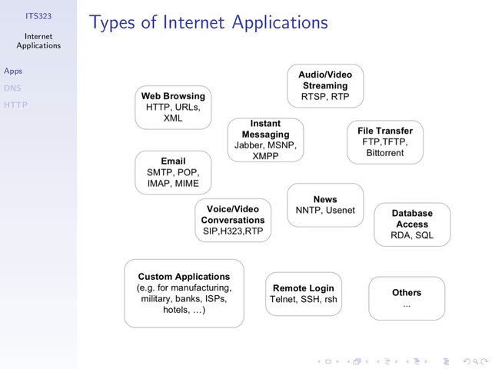So the different protocols to support voice and video conversations. Web browsing, database access, custom applications that are built for businesses in factories, in banks and so on, may have their own communication protocol for their application. Next semester in your lab, you'll write your own simple protocol for your own client-server application.